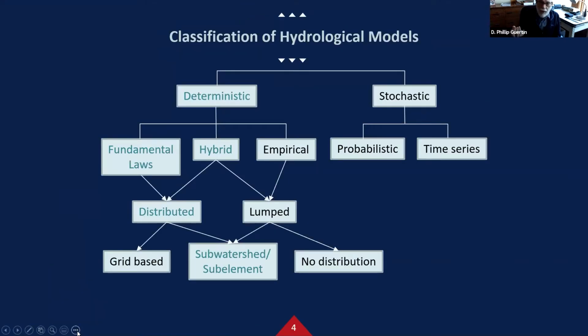Now, this is a classification of hydrologic models, and we're on the left side. Our models are deterministic. They're not stochastic. For a given input set, you will always get the same results, the same output. This is really good for planning purposes. This is really good for looking at cause and effect.